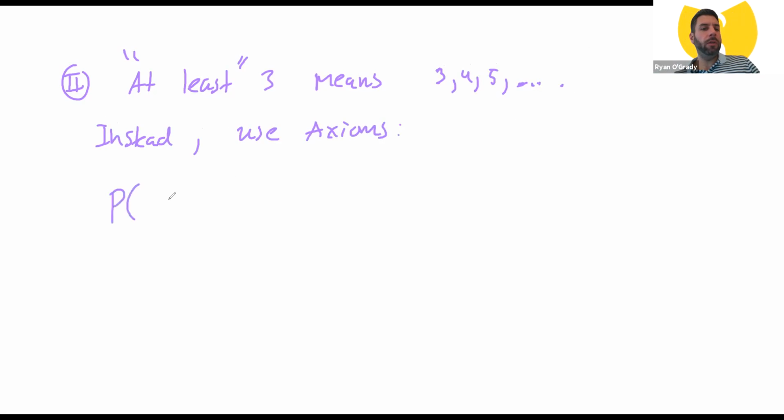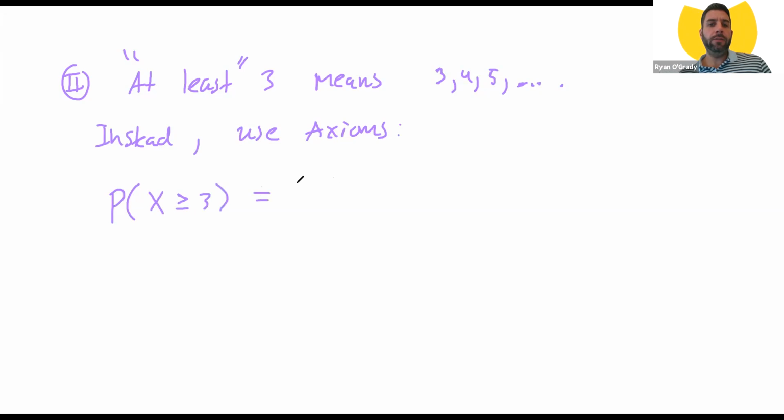Well, the probability that there's at least 3. So I guess the proper way of writing this is that the random variable is greater than or equal to 3.